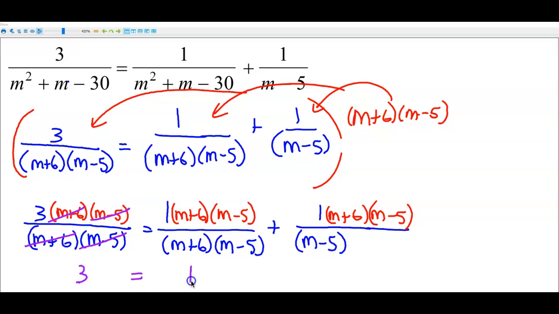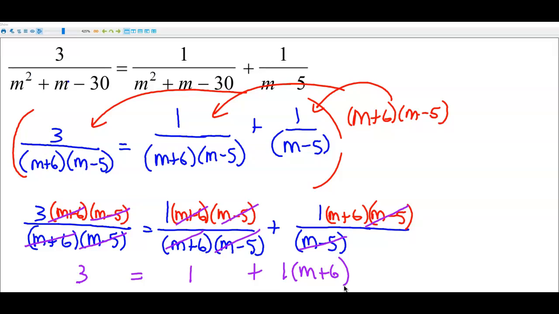Just 1, because all that goes away. What am I left with on the next one? The m-5 goes away, but that's it. We still have a 1 and an m+6. You don't technically need to put the 1. I'm going to put it, but you don't technically need to. And that looks a lot easier to solve than what we had at first.